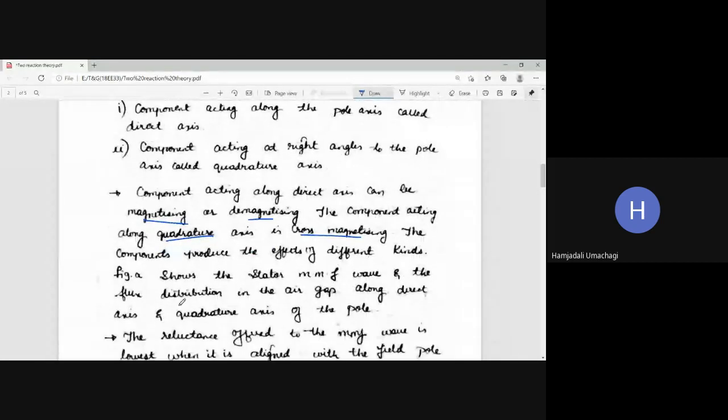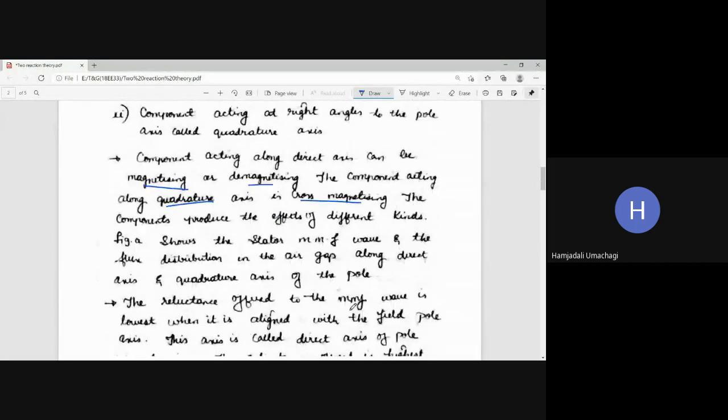As shown in the figure, figure A shows the stator MMF wave and the flux distribution in the air gap along the direct axis and quadrature axis of the pole.